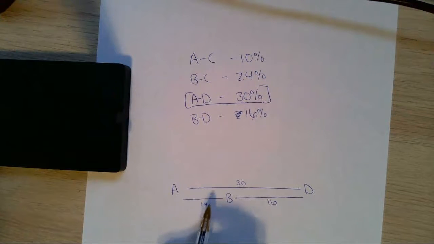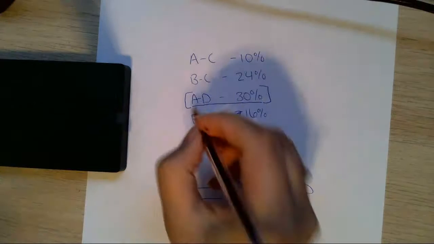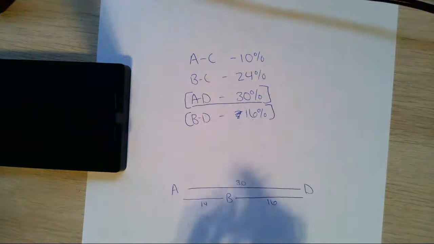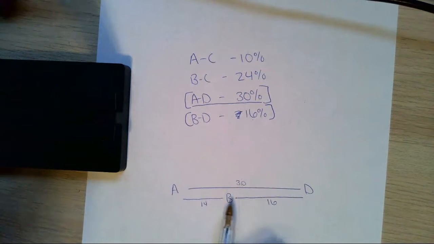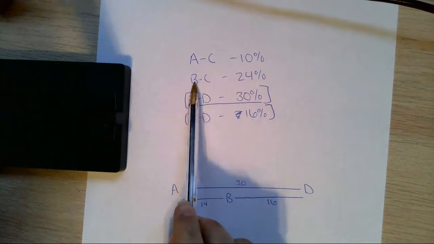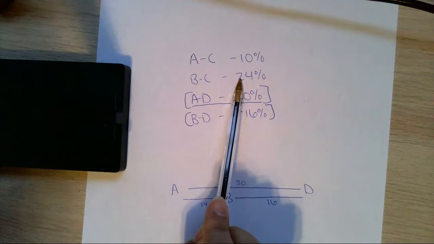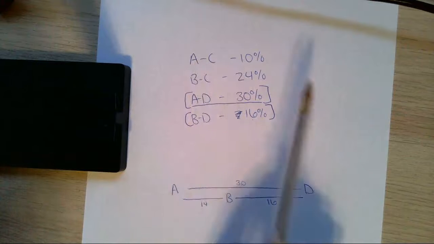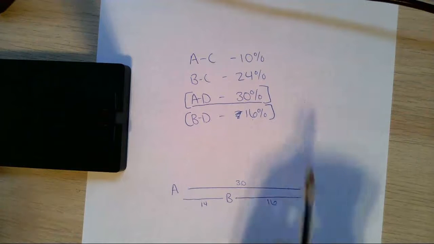Now, 14 is unfortunately not one of our numbers, so let's see what else we can do. Okay, so B and A are 14% away, but B and C are 24% away, and A and C are 10%. Well, that's math, you know?